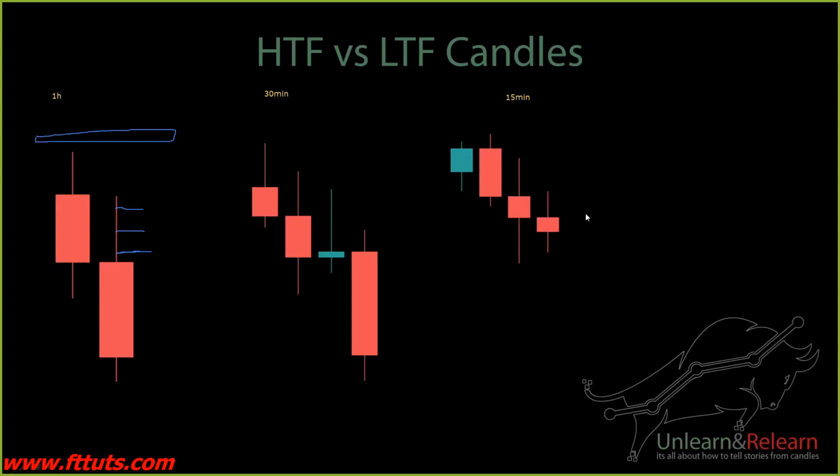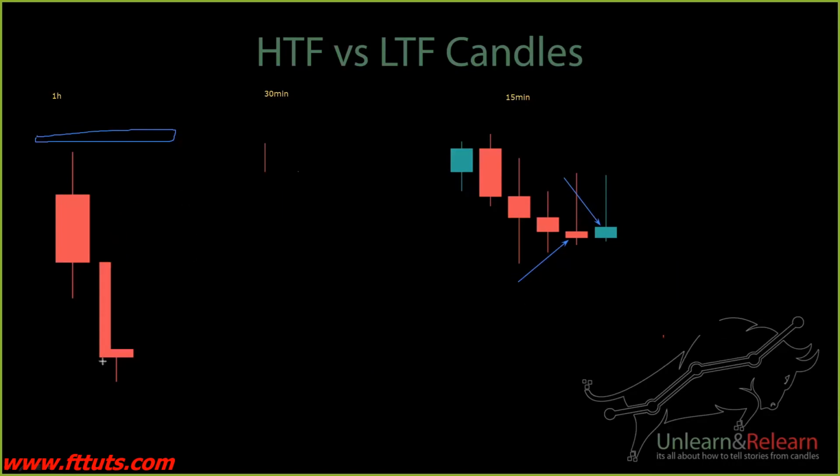Now if we look at it on the 15-minute time frame, you will see that the 15-minute closed like this and closed like this, and you're like, oh man, I don't know what's going to happen, because you have only this information available. Let me just get my marker back to blue. Let's say you only have this information available, you don't know where the price is going to go, right?